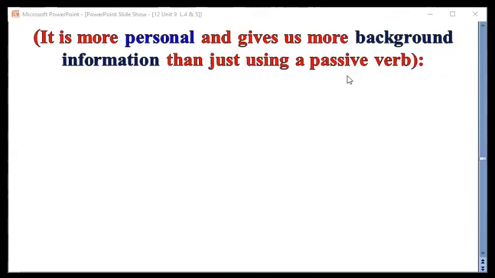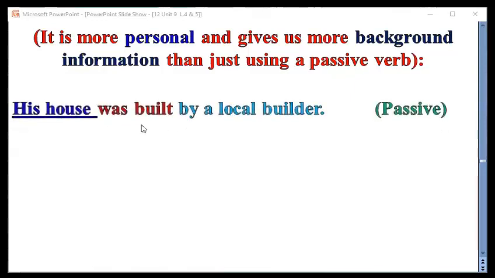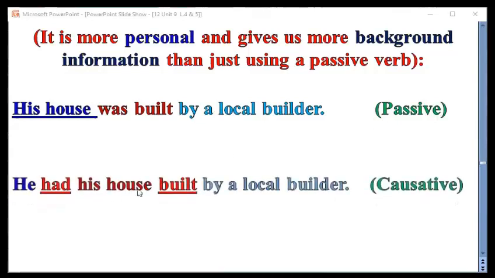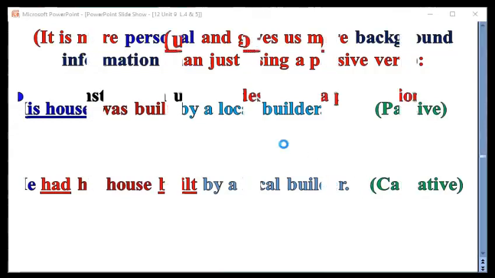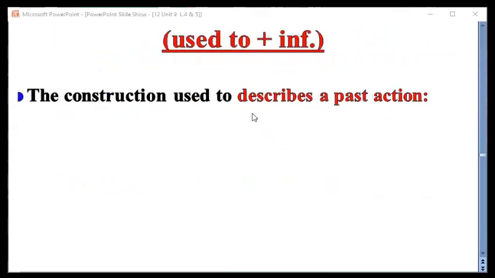Here we would like to differentiate between the active sentence, the passive one, and the causative. His house was built by a local builder. This is passive. He had his house built by a local builder. This is causative. Next here, we would like to go to another idea, which is used to. It describes a past action.